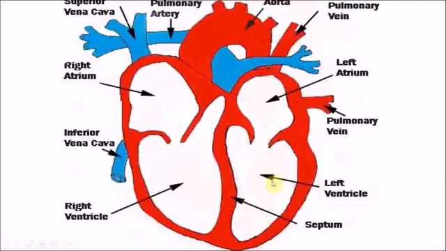Once the blood is pooled in the left ventricle, the left ventricle has a larger muscle, not very well identified on this picture, but it has a much larger muscle than any of these other three chambers. Now, because it's got the larger muscle, it contracts with a larger force.